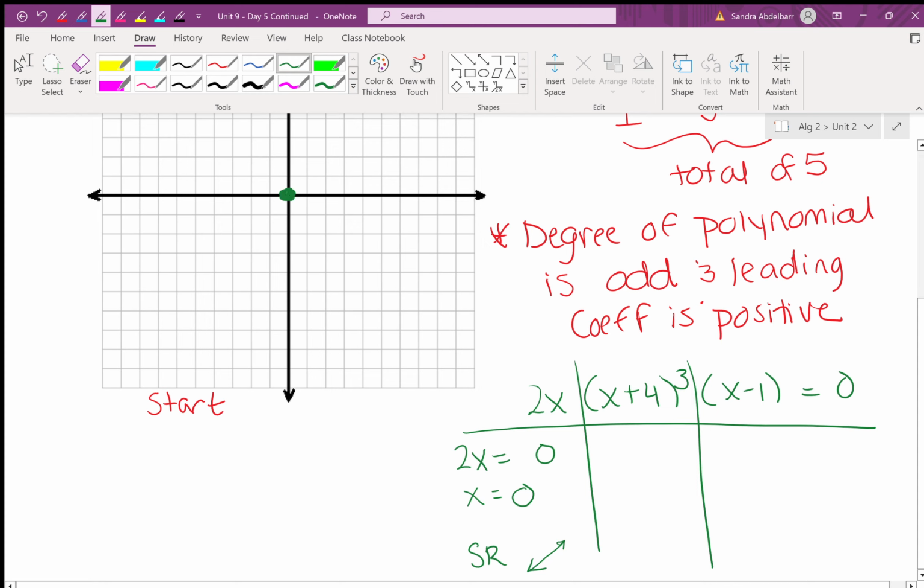Okay, let's do another one. Okay, so now this time I want us to sketch f of x is equal to 2x to the fourth plus 4x cubed minus 30x squared.